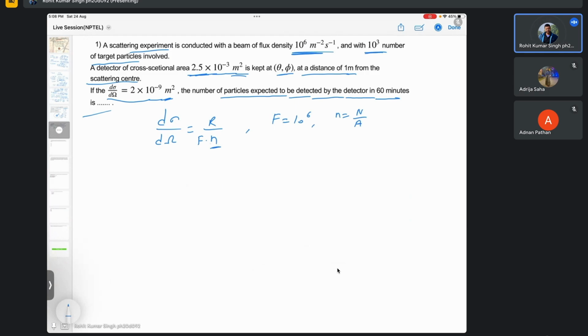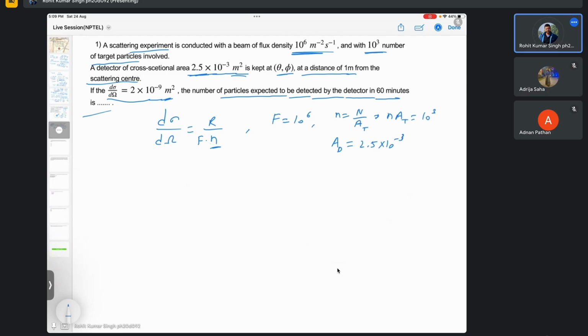So this is what we have, and n is given, right? Then you can write it like this. This is for the target, right? And then the cross sectional area for the detector is given: the detector has a cross sectional area of 2.5 into 10 to the power minus 3 meter square.